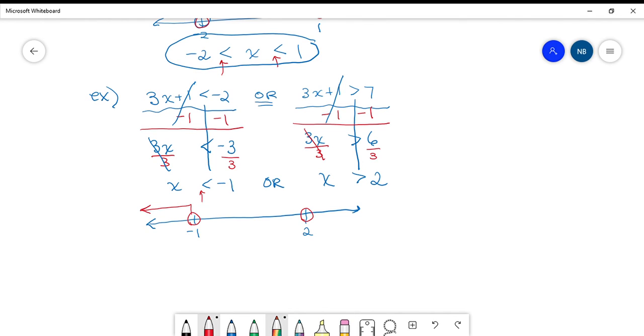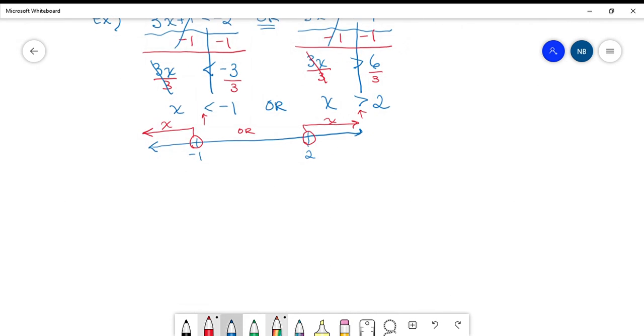That's numbers smaller than negative 1. The second inequality says x is greater than 2, and that's numbers to the right of 2. So you can see that x can't simultaneously be in both positions. Either x is over here on the left, or x is over here on the right. And that's what creates the split shading.